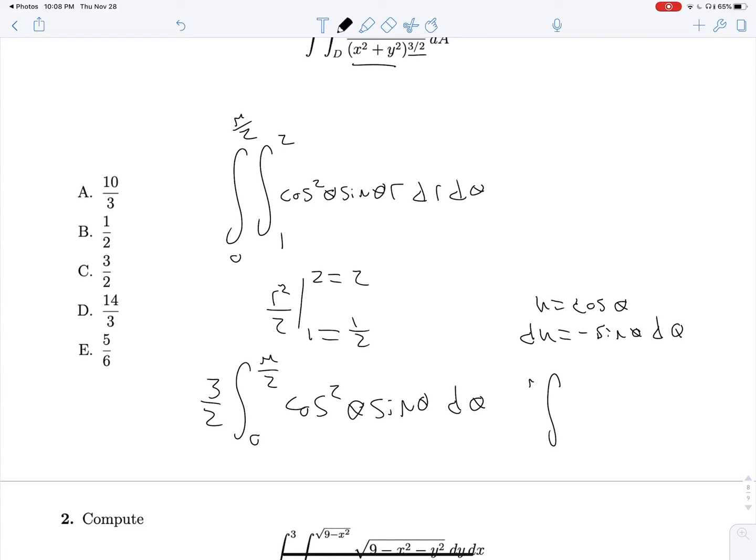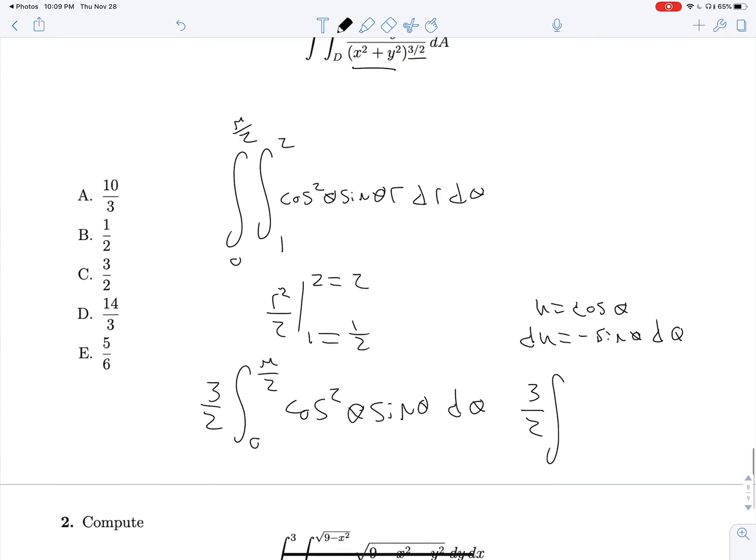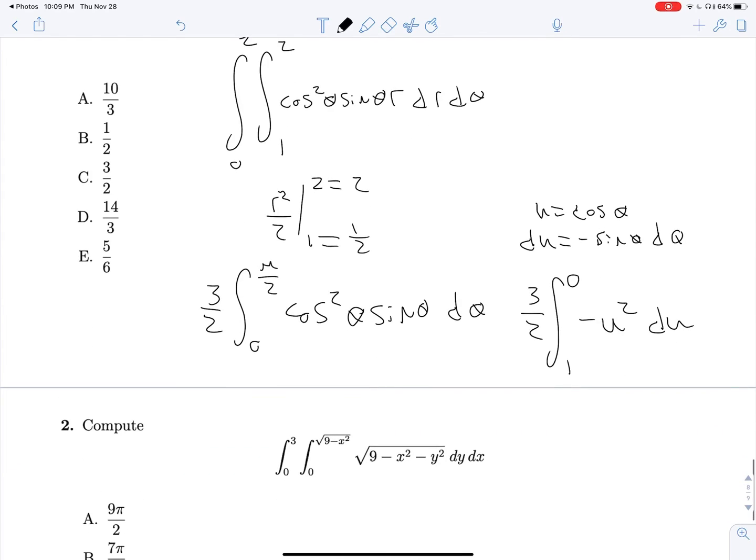So this whole integral becomes 3 over 2 times, oh sorry, we need to switch our bounds on integration around. Since u is equal to cosine of theta, this will be 1, this will be 0, negative u squared du. And we know that we can flip our bounds on integration and negate all of our terms.